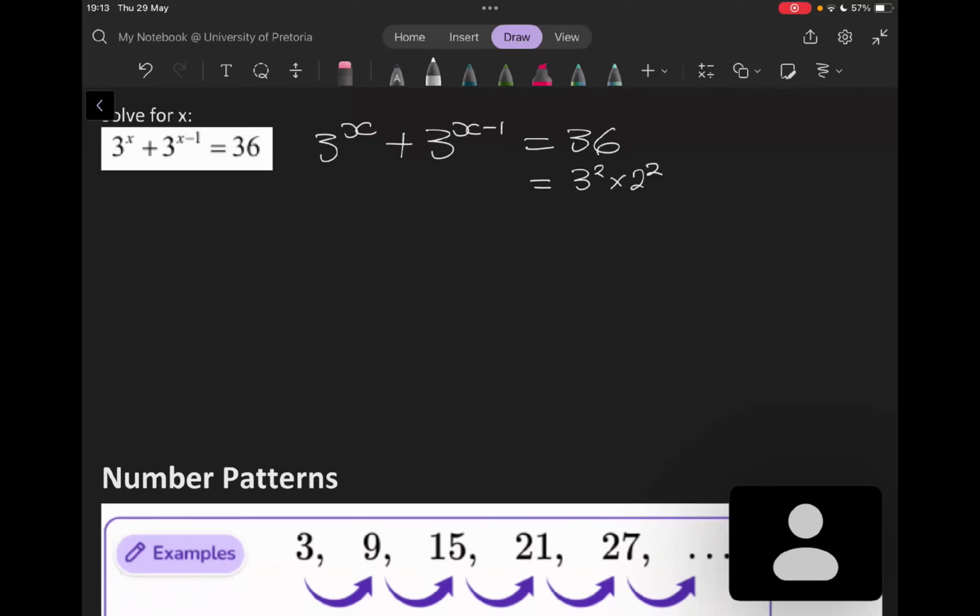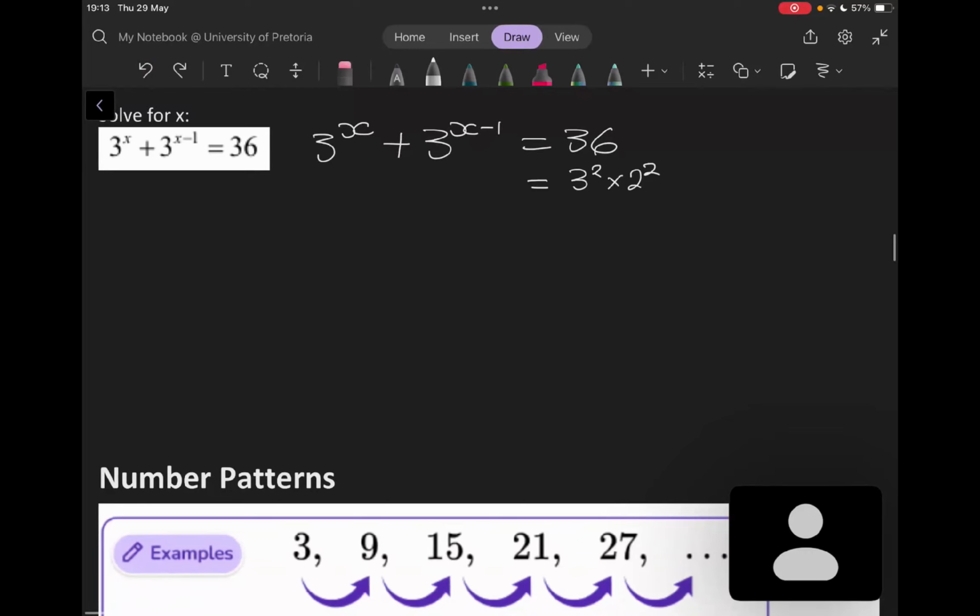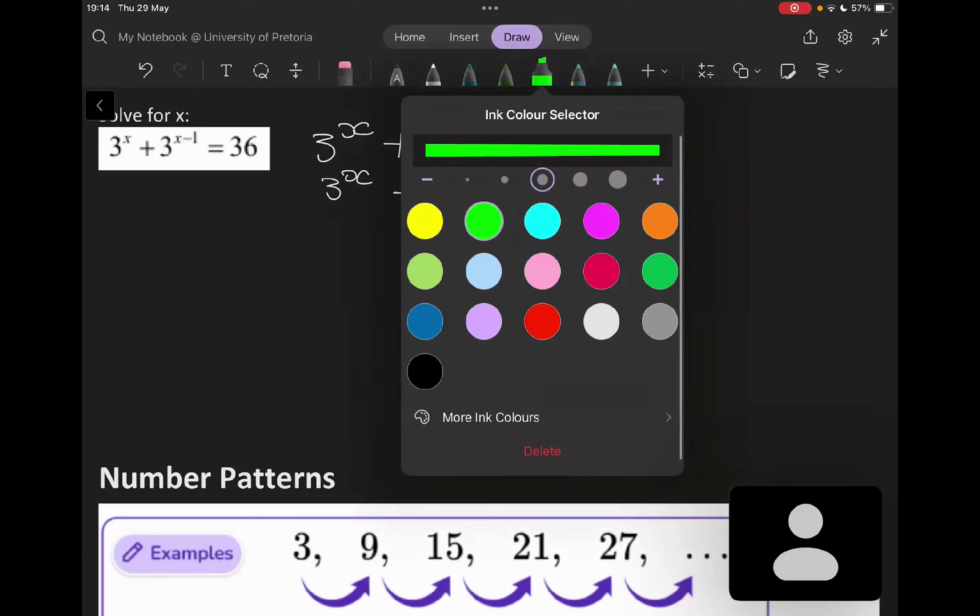And here on this side, if we now separate this, we can then turn that into 3 to the power of x times 3 to the power of minus 1. Right? Cool. I'm hoping you guys see that there is a like term present.